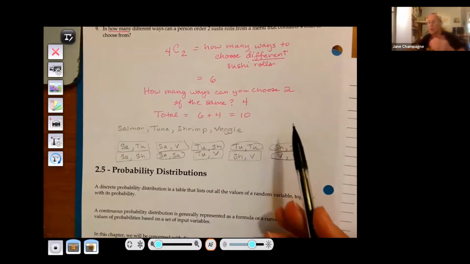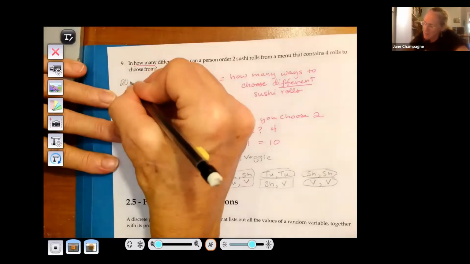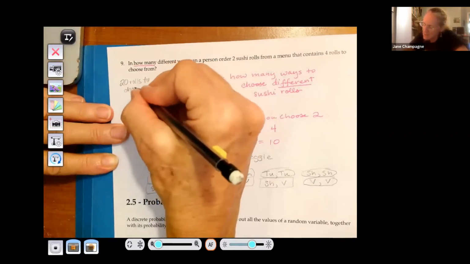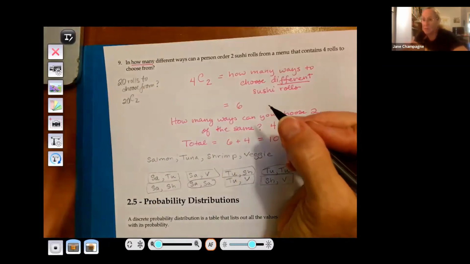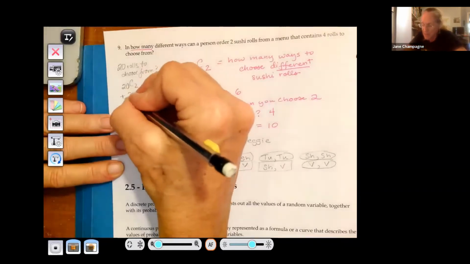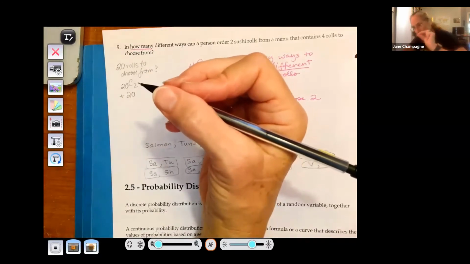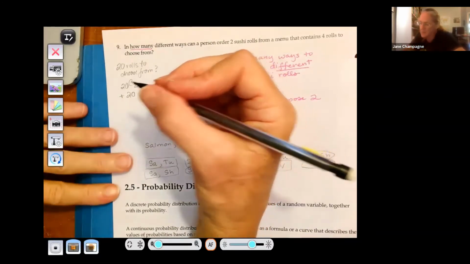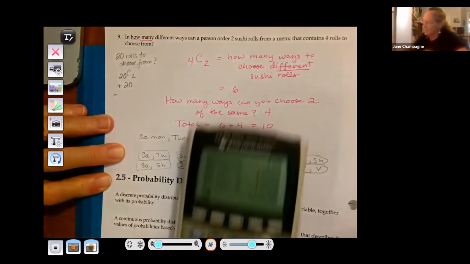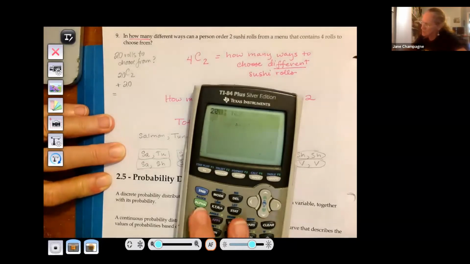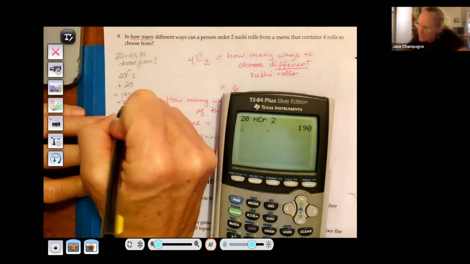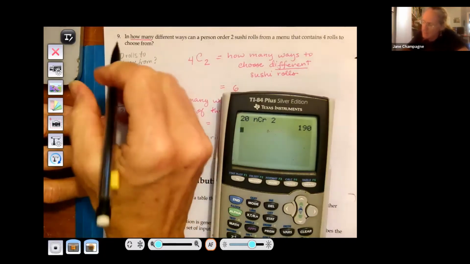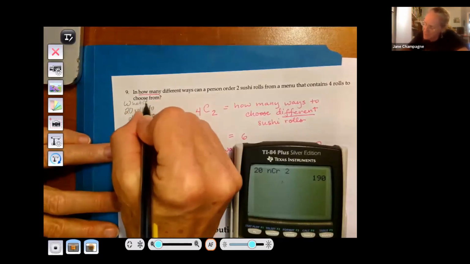If there were 20 rolls to choose from, then you would say 20 choose 2 for how many ways you could choose 2 different rolls out of the 20, plus 20 for how many rolls you could choose 2 of the same, because there's 20 options. 20 choose 2 is 190, plus the 20 if you wanted 2 of the same, would be 210.